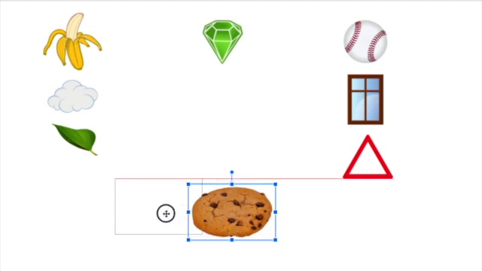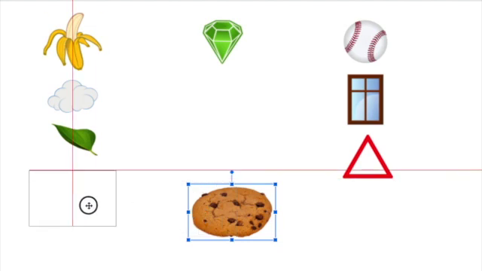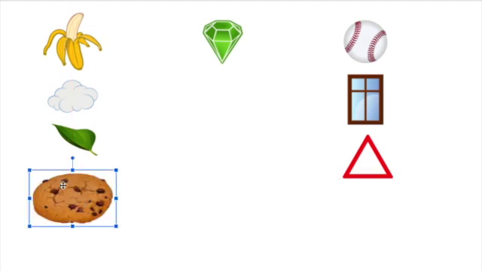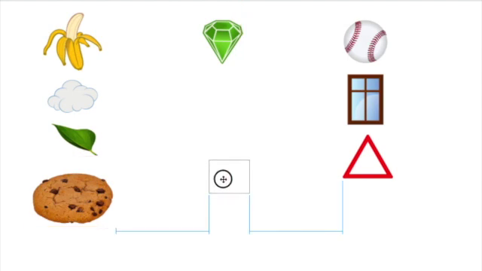Okay. I'm going to place this shape over in this column here. Okay. And now I'm going to grab the last shape. And I'm going to ask you once again, does it belong over in this column, in the middle column, or does it belong over here on the left?